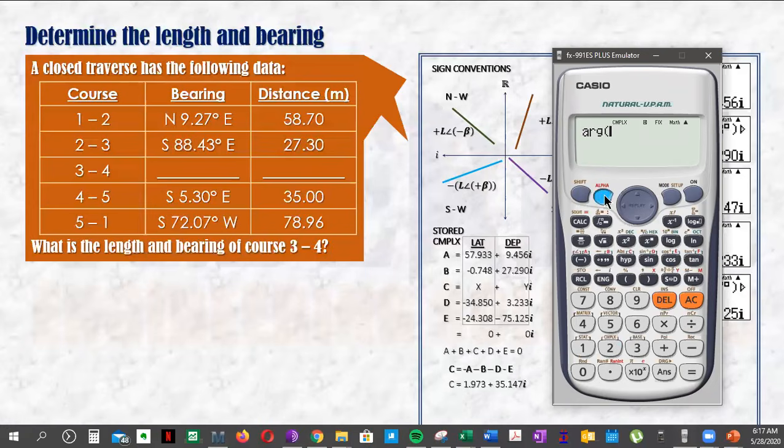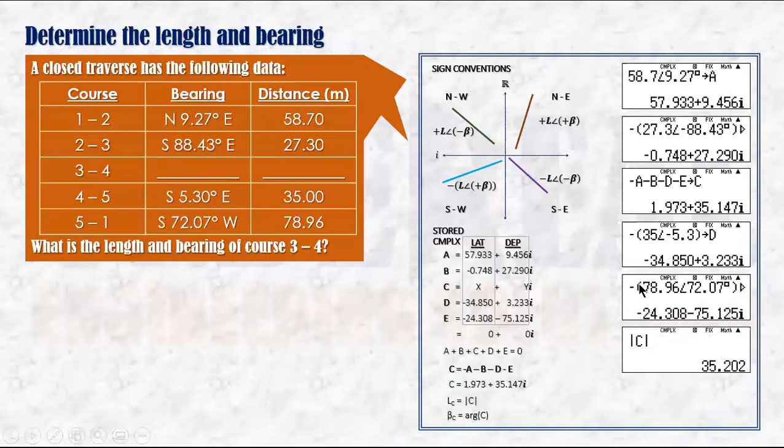So if I'm going to evaluate the argument of C, this will give me the angle it makes with the north direction. And that is, of course, the bearing. That's what we got earlier, 86.787 degrees. So that means the bearing is north 86.787 degrees east. So that's how it is. These are the shortcuts.